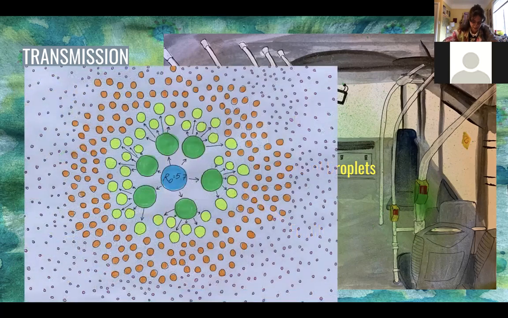What's next? The R naught, meaning the basic reproductive number, is the measure of how many people an infected individual spreads the virus to. The Centers for Disease Control and Prevention reported that SARS-CoV-2 has a median R naught value of 5.7. So on average, an individual will pass the virus to 5 to 6 people in that incubation period within the first 4.2 days before they even have symptoms and realize they're sick.